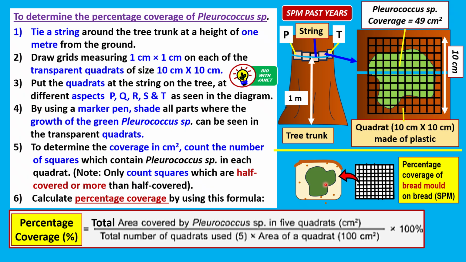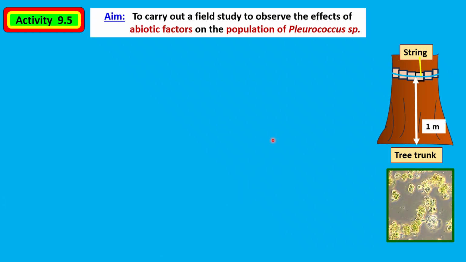To find the percentage coverage for just one piece, you have to take the area of coverage for the bread mold, like for example this green bread mold, and then divide by the total area of the bread, and then times 100%. You'll find out more about this when we look at the last question in this video.